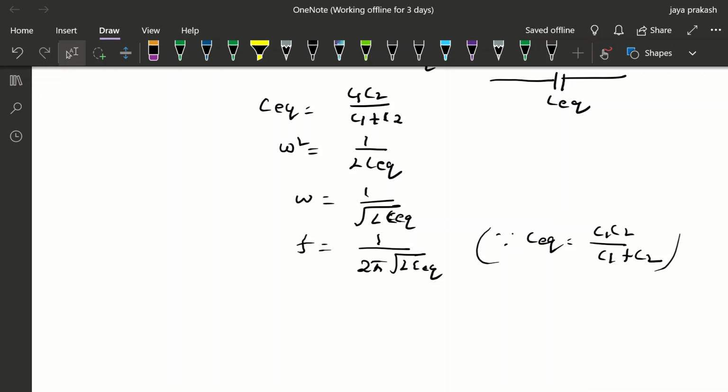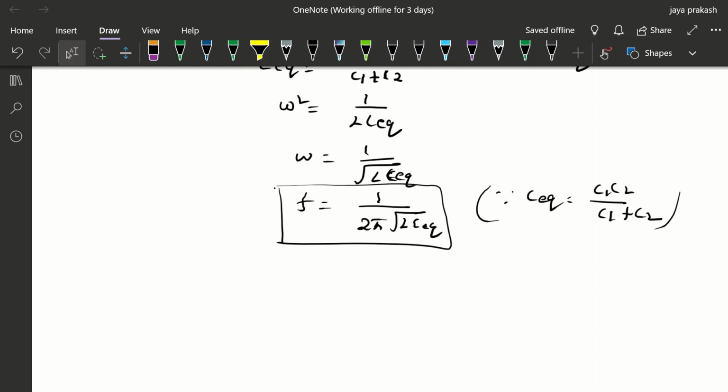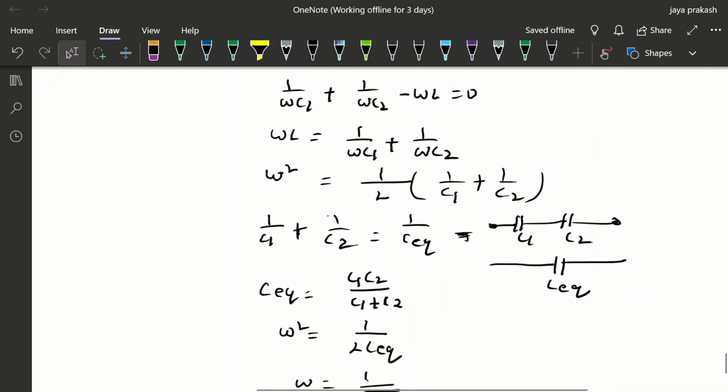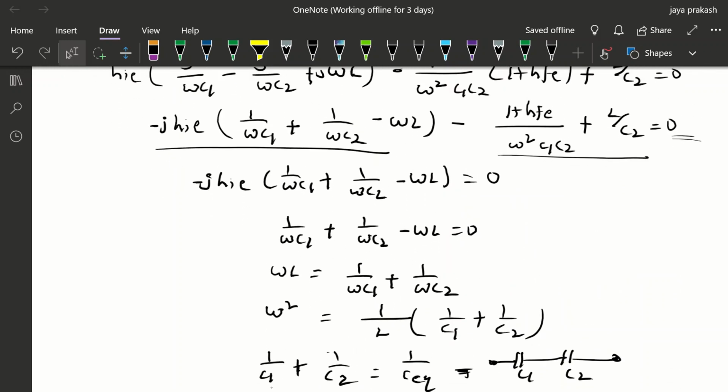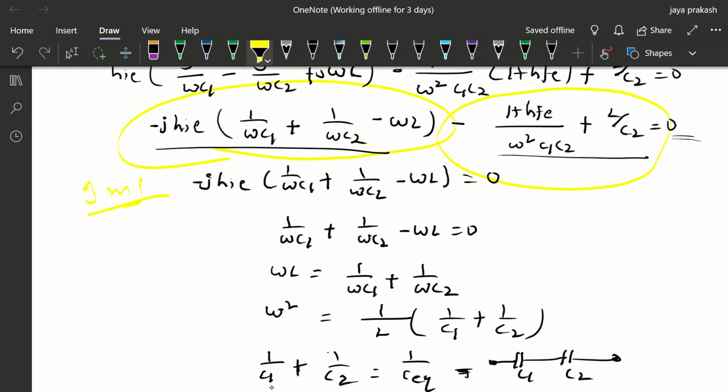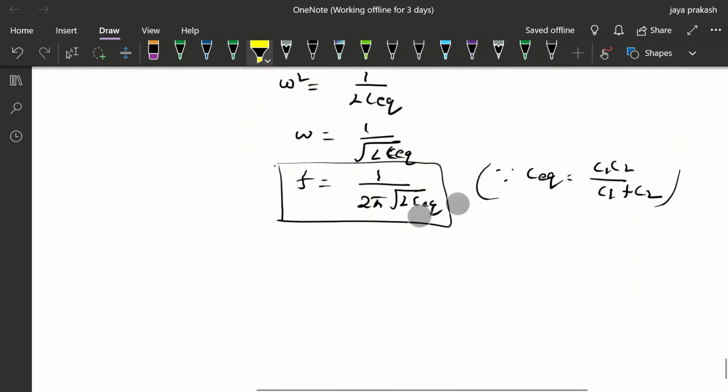Okay, so this is the frequency of oscillation of the LC Colpitts oscillator. Now we have made equal the imaginary parts. Now we can make the real parts equal; this is all real term and this is all imaginary term. We have done the imaginary part. Now we will see the real part.